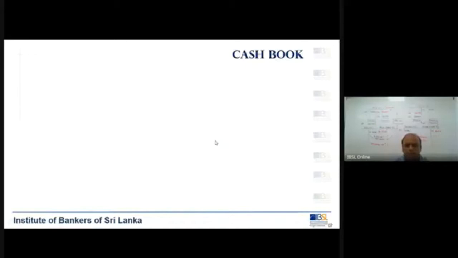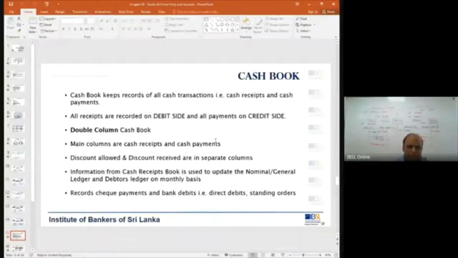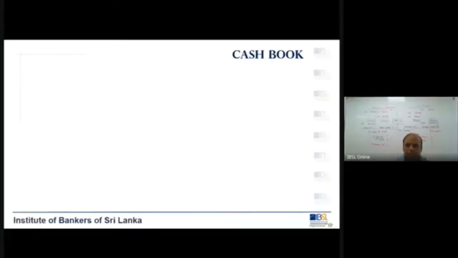And then we get on to the cash book. So right now we have done about 4 day books: the sales day book, sales return day book, purchase day book, and purchase return day book. Okay, and all these are, mind you, theoretical.